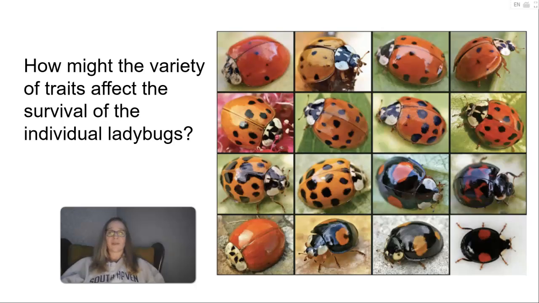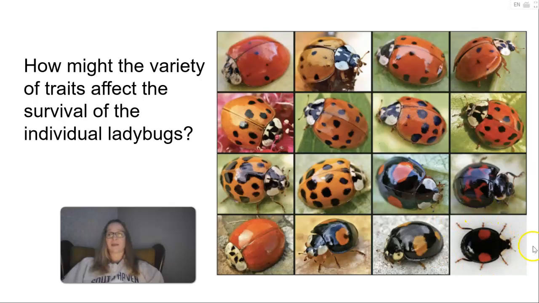So, given the different phenotypes, the different colorations, different numbers of spots, how might this variety in traits affect the survival of the individual ladybugs?